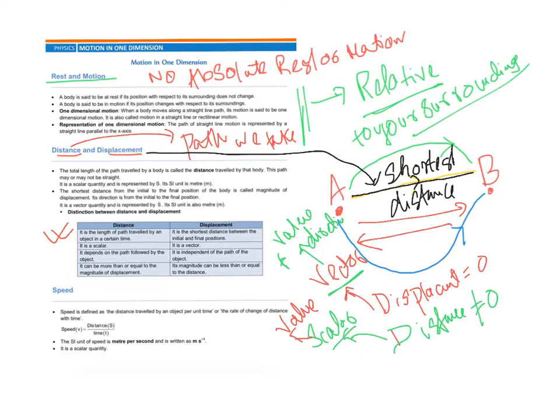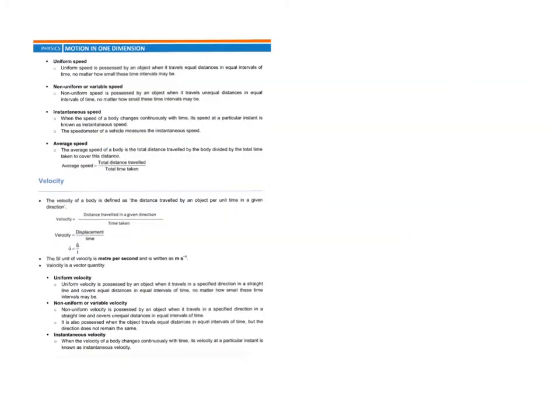Next, we'll talk about speed. We all know speed is equal to distance by time. We have been doing this for ages, I think. And its SI unit is meter per second. It's a scalar quantity, right? But similar to speed, we have something called velocity. For velocity, the formula remains the same, but instead of distance we have displacement.